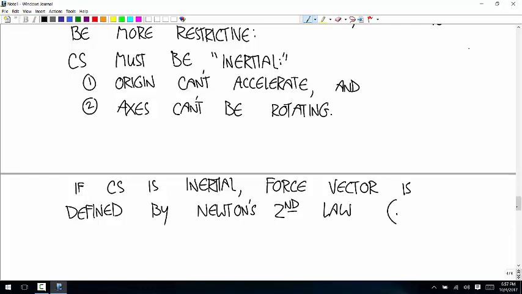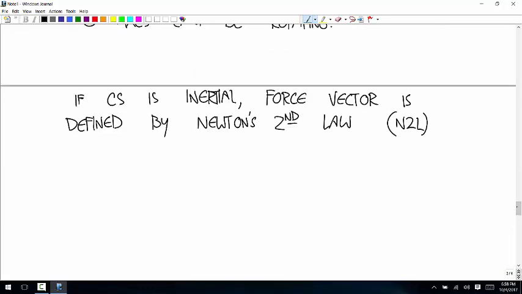I'm going to always abbreviate that N2L because we're going to talk about it all the time. Newton's second law says the net force vector is equal to the mass times the acceleration vector. You might have heard of this equation before.